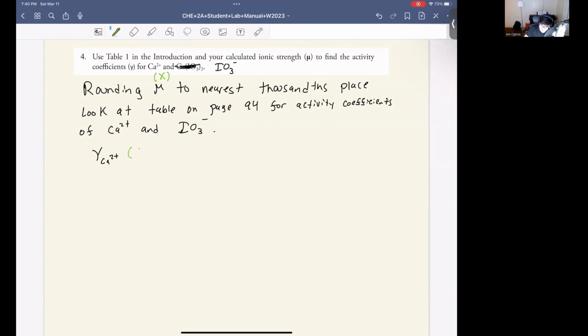I'm going to call this xi. And then you're also going to want your activity coefficient of iodate, call this xii. And these are both from the table.